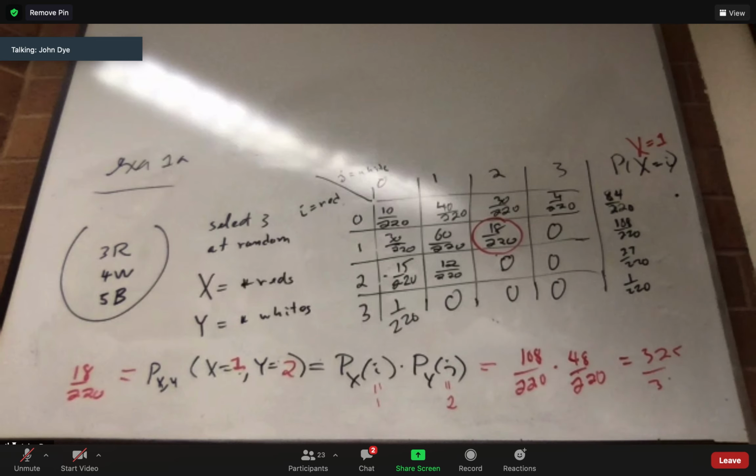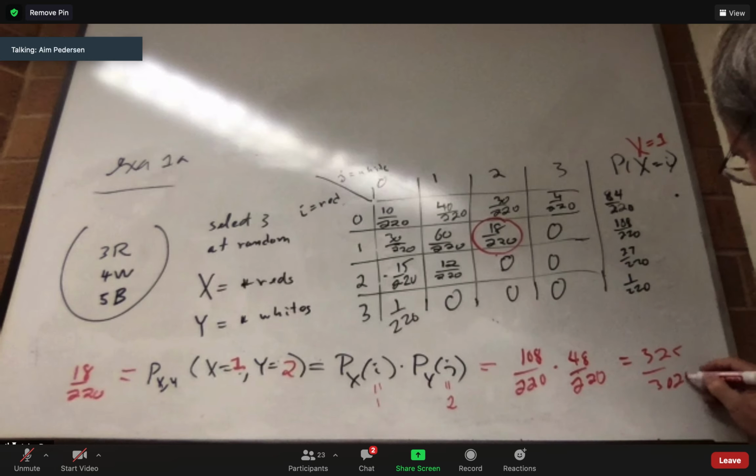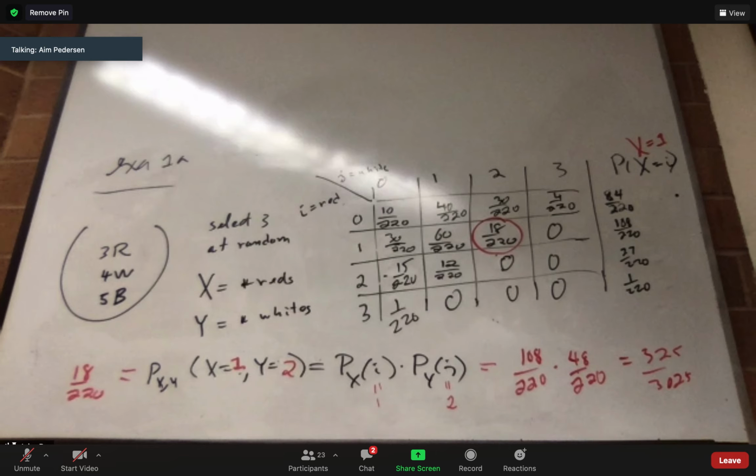How could that be? $3,025. Okay, I'm getting 5184 over 220, or 220 squared. I just didn't simplify it. Wait, 324. Is that possible? Okay, well, that's simplifying stuff.